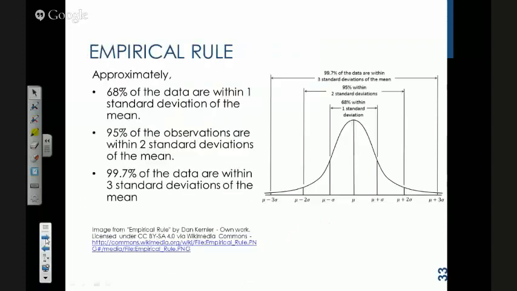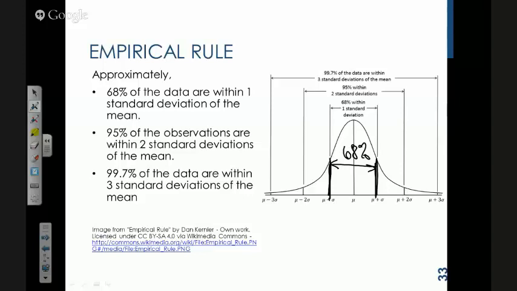You might have seen an empirical rule where we use the mean and the standard deviation, and very quickly we could give ourselves some boundaries, that 68% of the data are within this value and that value.